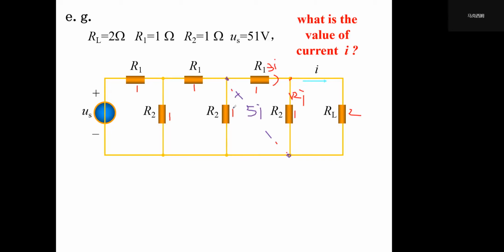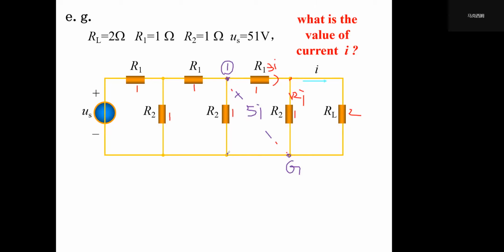So 5I volts at this node. Let's call it node 1, and the ground. We call this the ground.